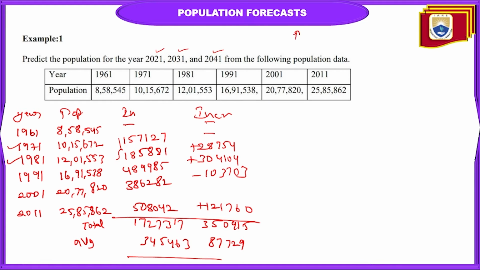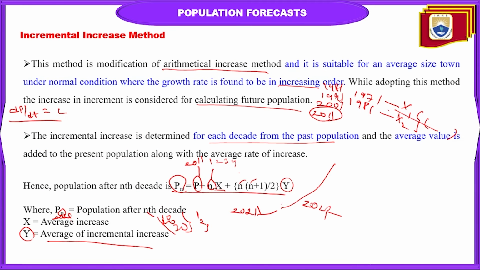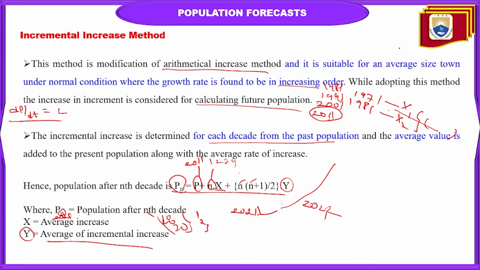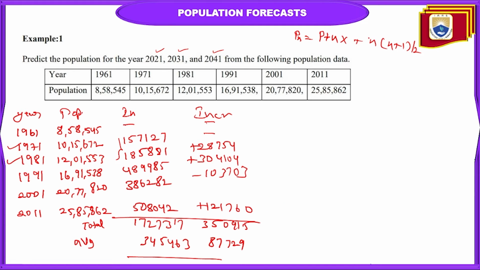It is P_n equal to P plus n X plus n into (n plus 1) divided by 2 into Y. This is the formula.